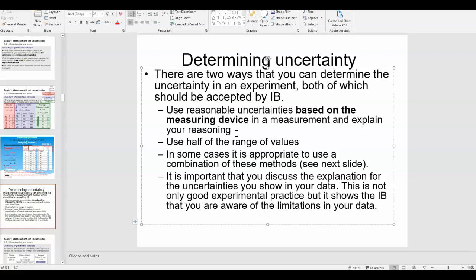And so please don't email me saying, should I use this uncertainty? Make a judgment call. Justify the judgment call. Even if it's not one I would agree with, if it is something reasonable, then the IB should accept it as long as you explain this is why I chose this uncertainty. You only use the half range method to find the uncertainty in the average values.